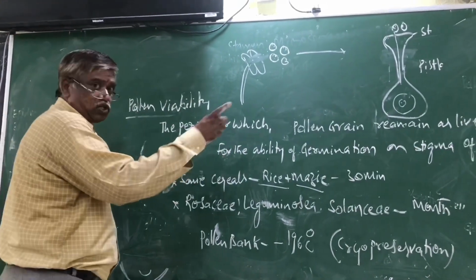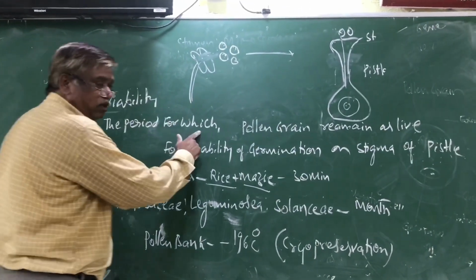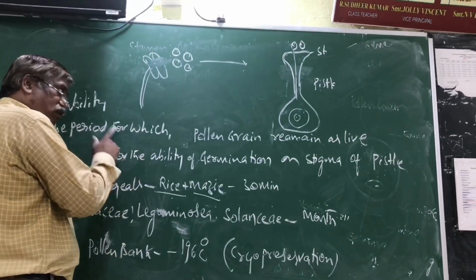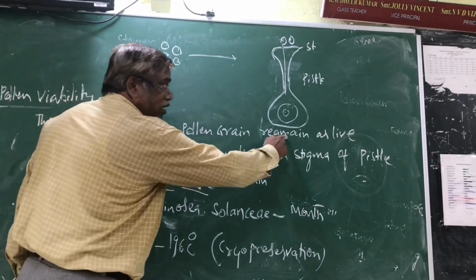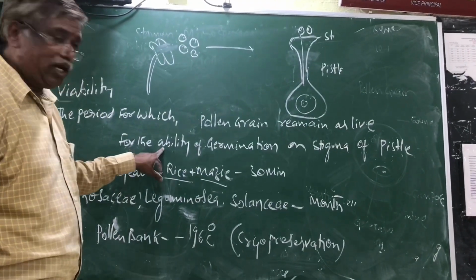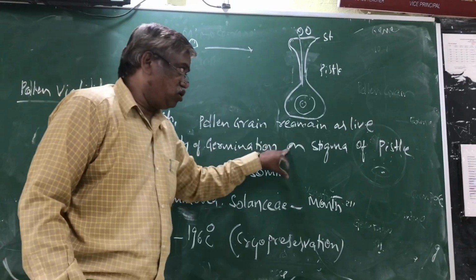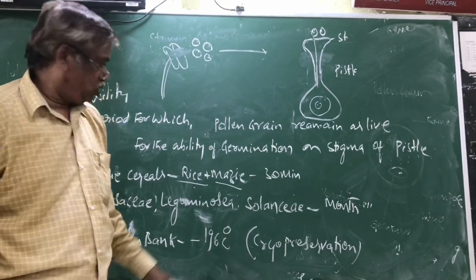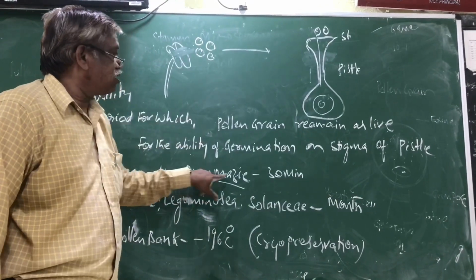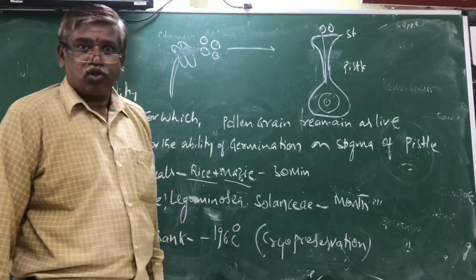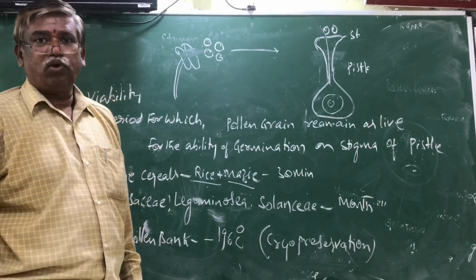Once again, catch the definition now. The period for which the pollen grain remains alive for the ability of germination on the stigma. After 30 minutes, this pollen grain in rice and maize cannot live. So this duration is called pollen viability.